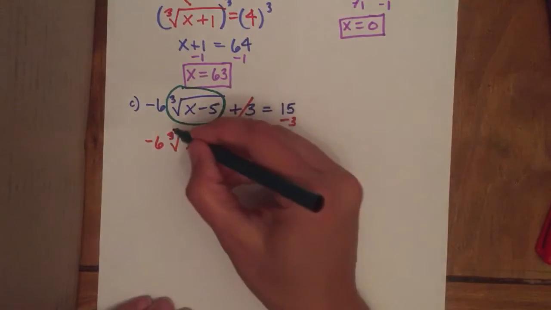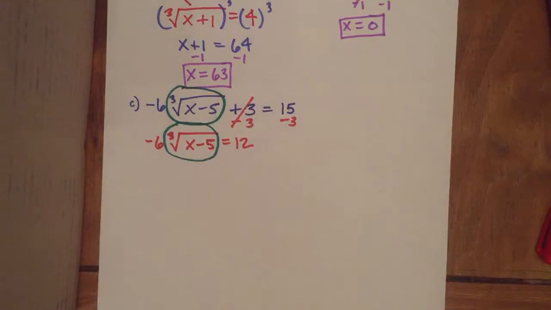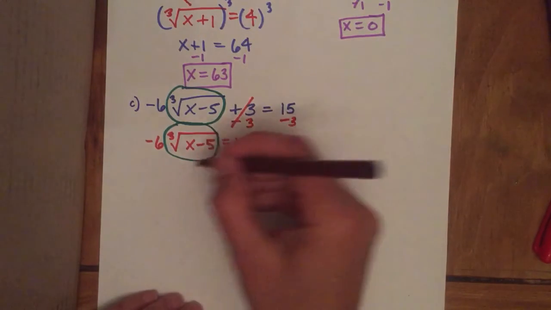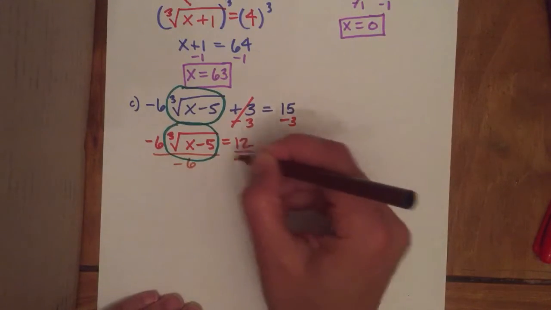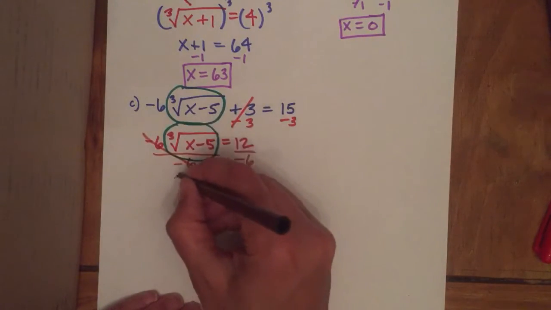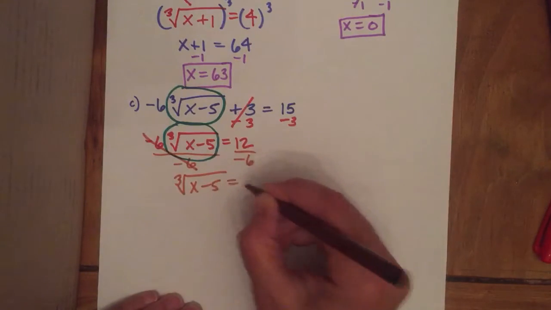Once again, I'm looking at isolating my radical. In order to do that, I need to do a division. So I'm going to divide both sides by negative 6. When I do this, I get 1 here, so I'm just left with the cube root of x minus 5.